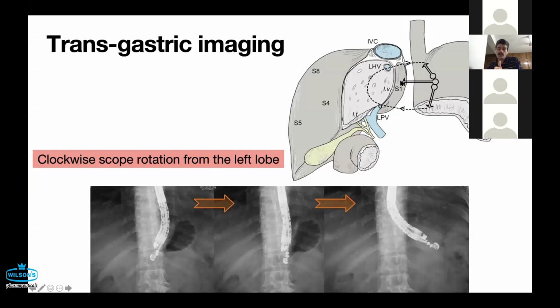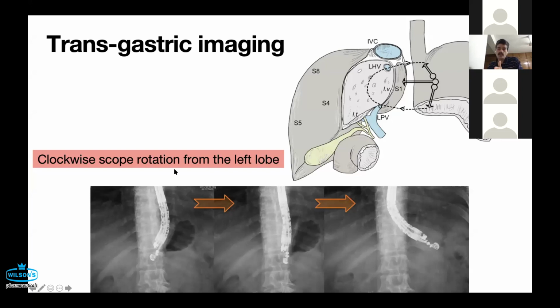On EUS, we will see segment 2 and 3 in front, and then as we rotate, we will see the caudate lobe. Here you can see the rotation between the probe and the cava, and beyond the caudate is the segment 4, and you can see the right lobe is very far from the stomach, but you can see some part of segment 8 superiorly. Try to imagine this lobe.